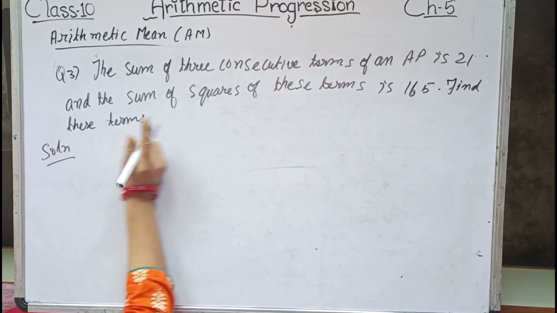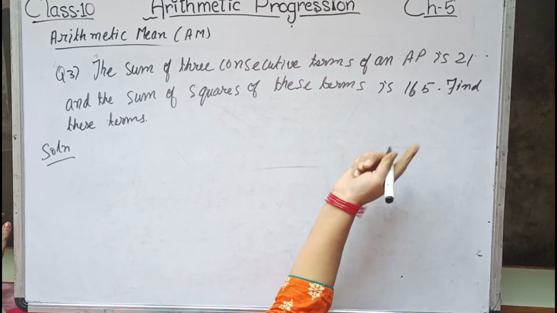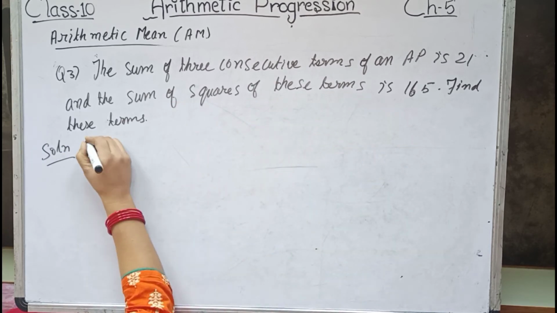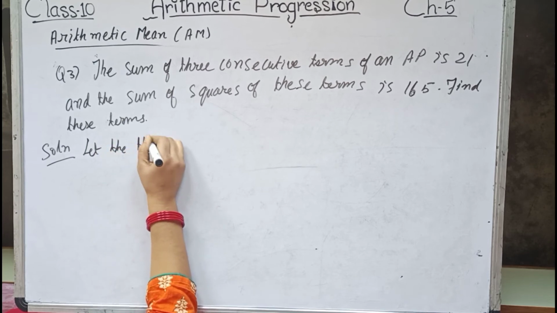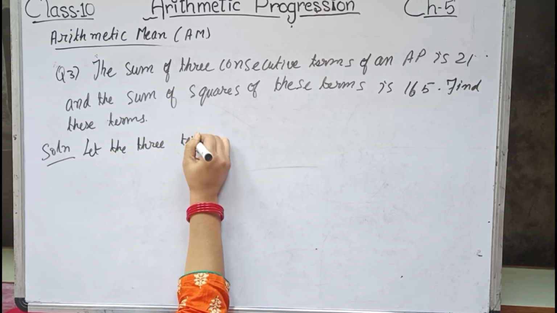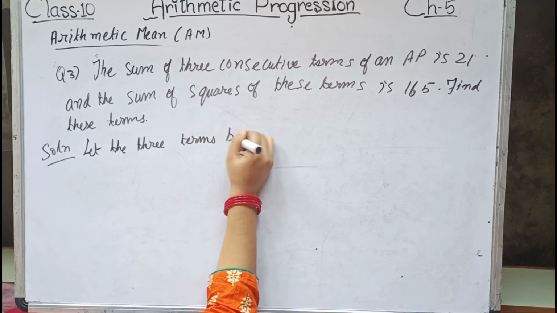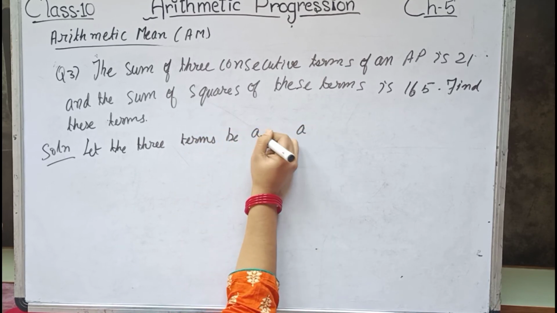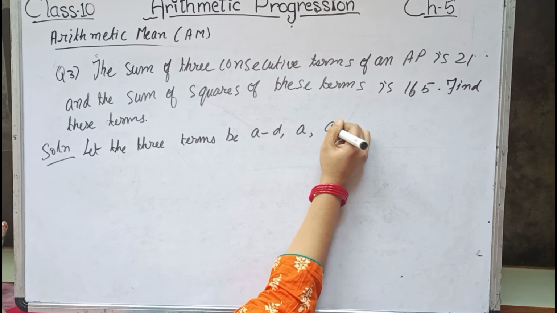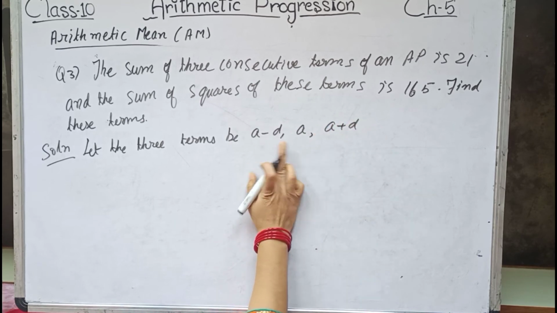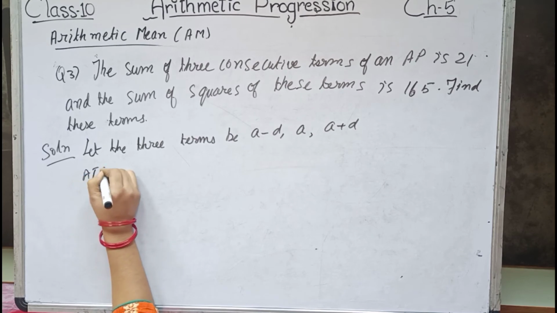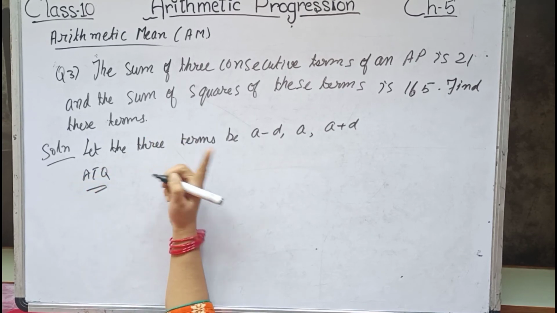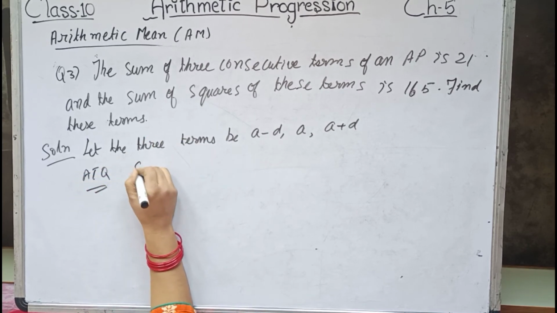So in the solution part, the sum of the three consecutive terms of an AP. So obviously the supposition part: let the three terms be a minus d, a and a plus d. Now according to the question, the sum of the three consecutive terms is 21.